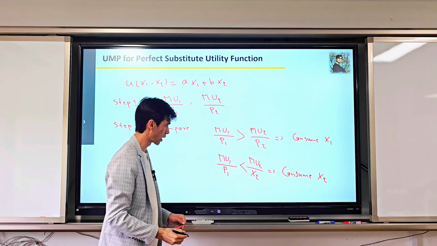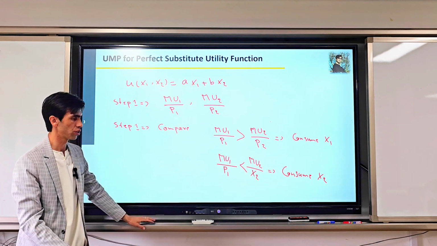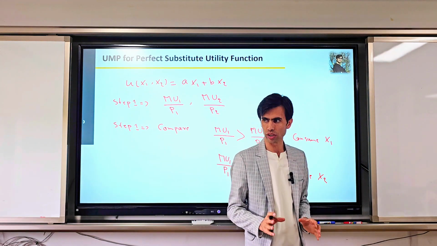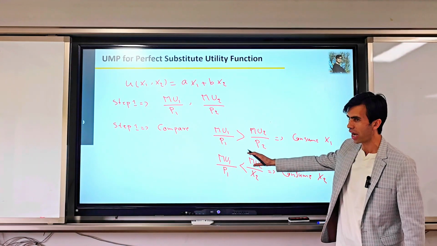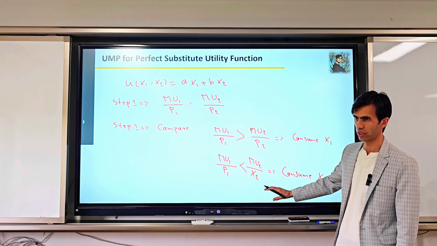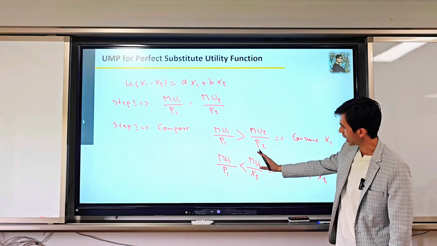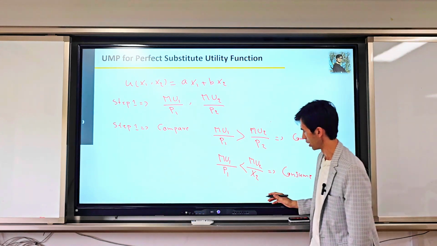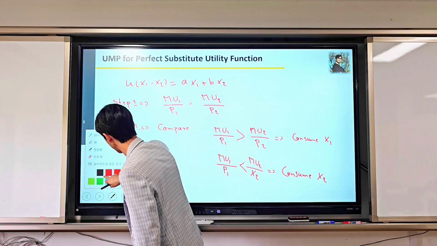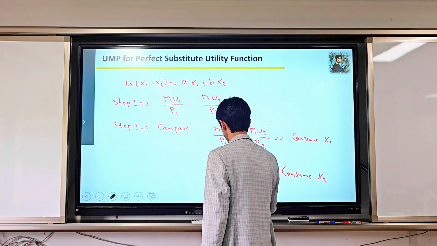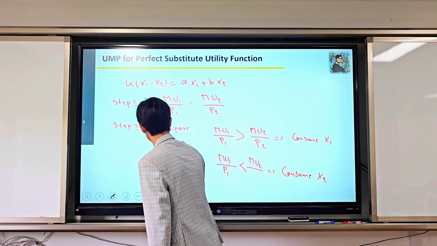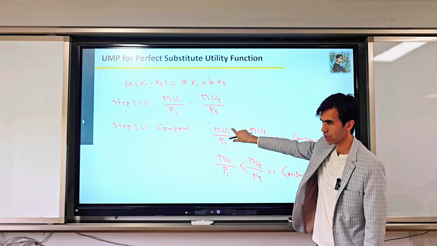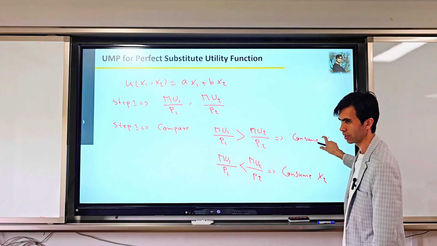So in terms of perfect substitute utility maximization, we maximize our utility by consuming the good that provides higher marginal utility per dollar. If x1 provides higher marginal utility per dollar, we consume only x1.